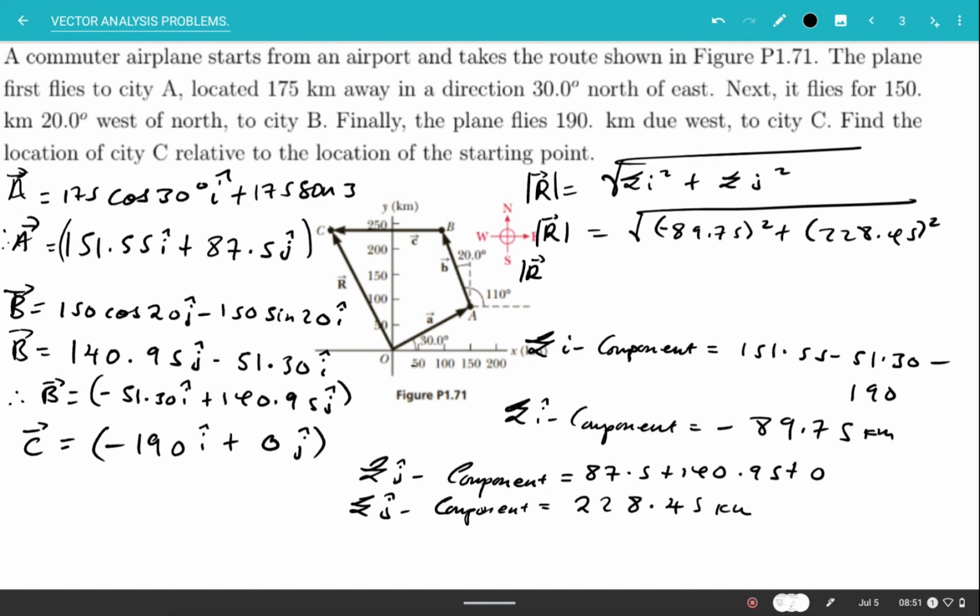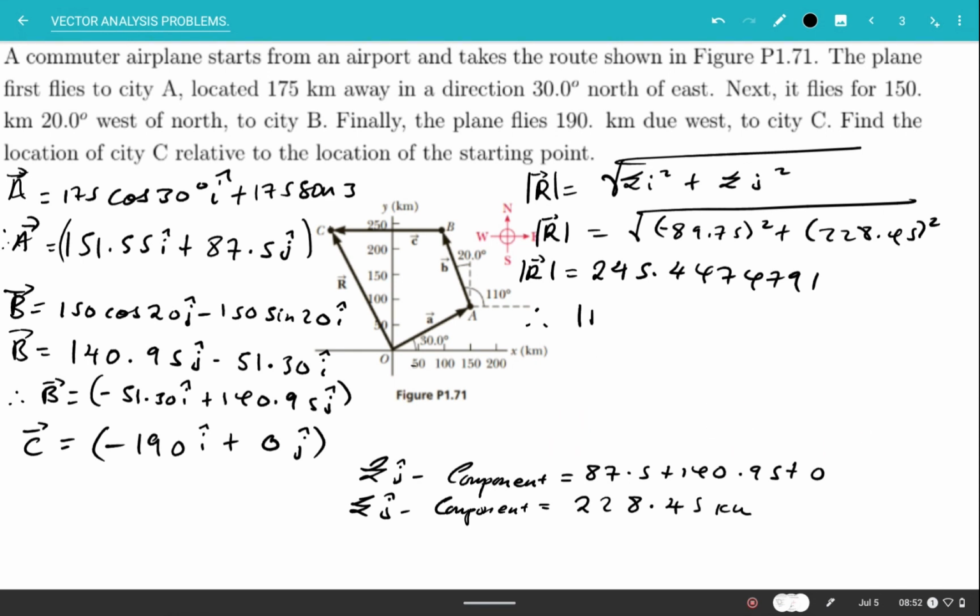So R is equal to the root of minus 89.75 squared plus 228.45 squared. If you compute that, and find the root value, you get 245.4474791.